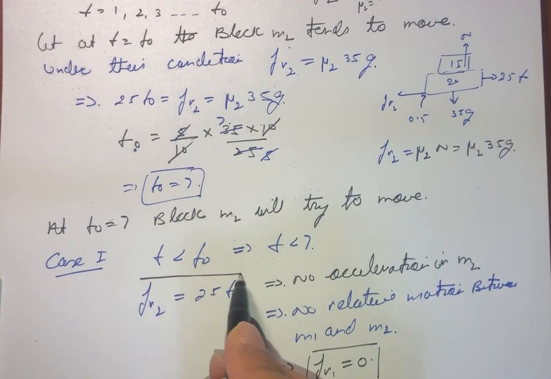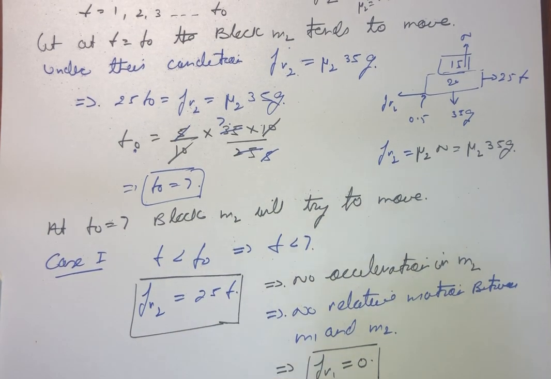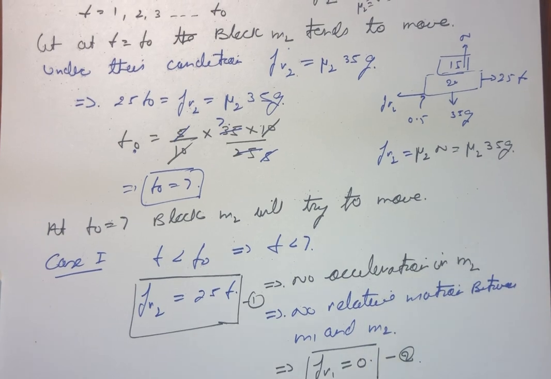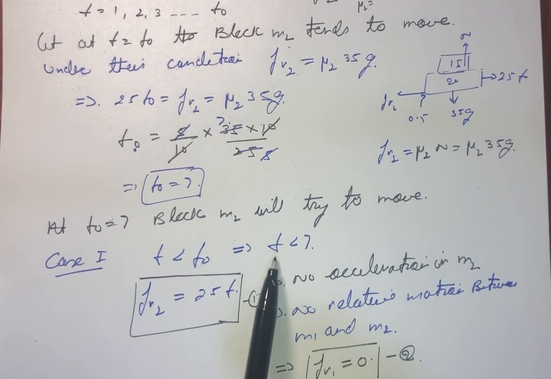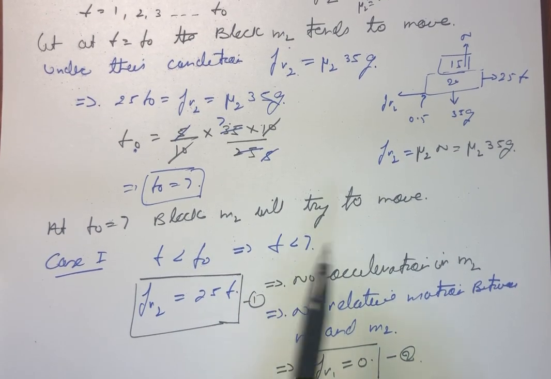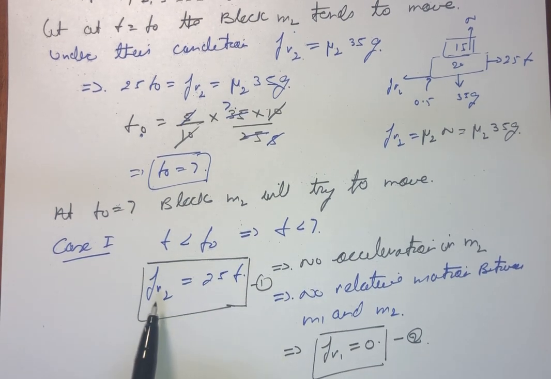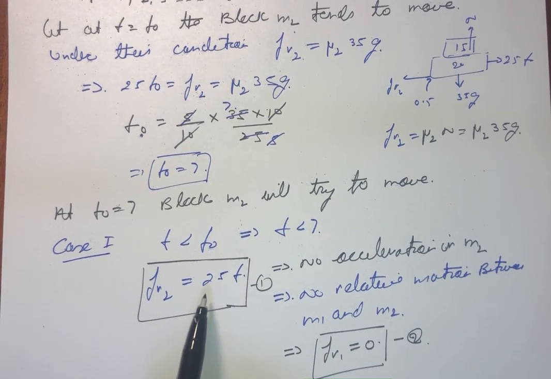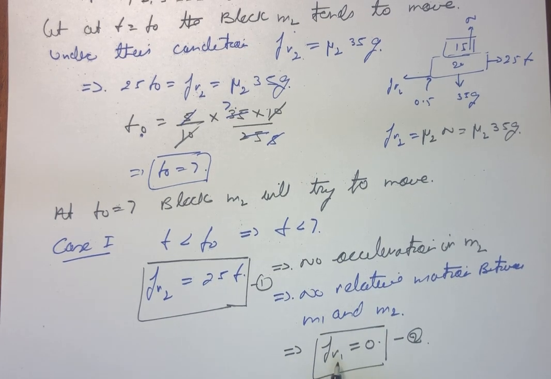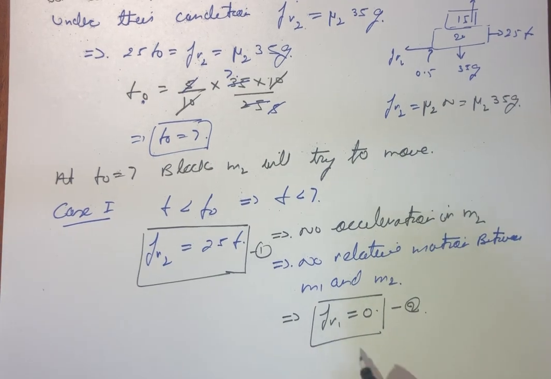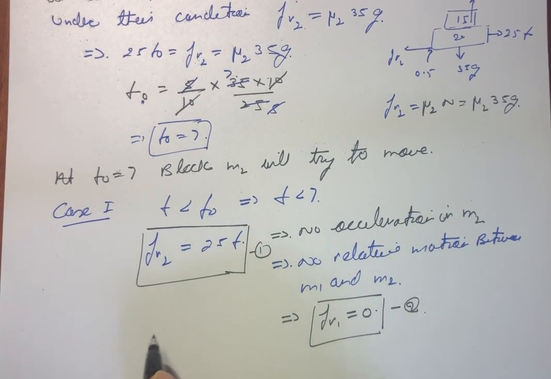So these are the two important equations, let us call them equation 1 and equation 2. So when time T is less than 7, the value of FR2 will be directly proportional to 25T, and the value of FR1 will be equal to 0.